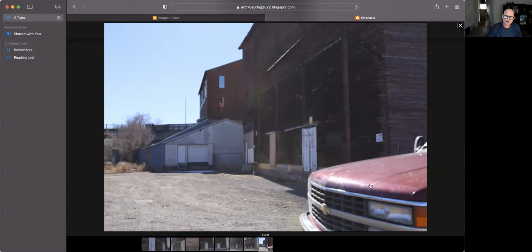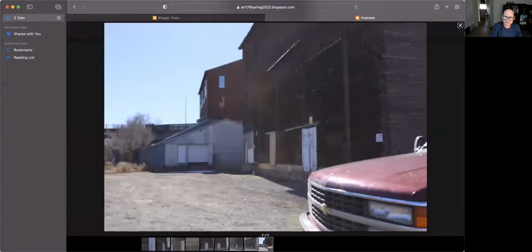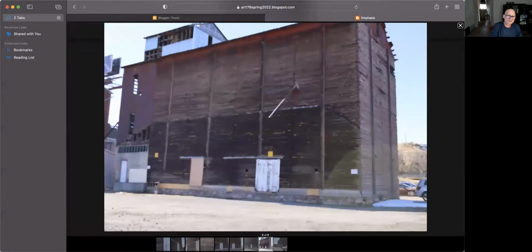I see the car or the truck, but I would have liked to have seen the entire environment. In the environment, I think we could have seen just how big this place is, what kind of things are around it. That would have helped with the establishing shot. Here's almost where you see more of the structure than you do here. So I think you could have been farther away on the first shot.